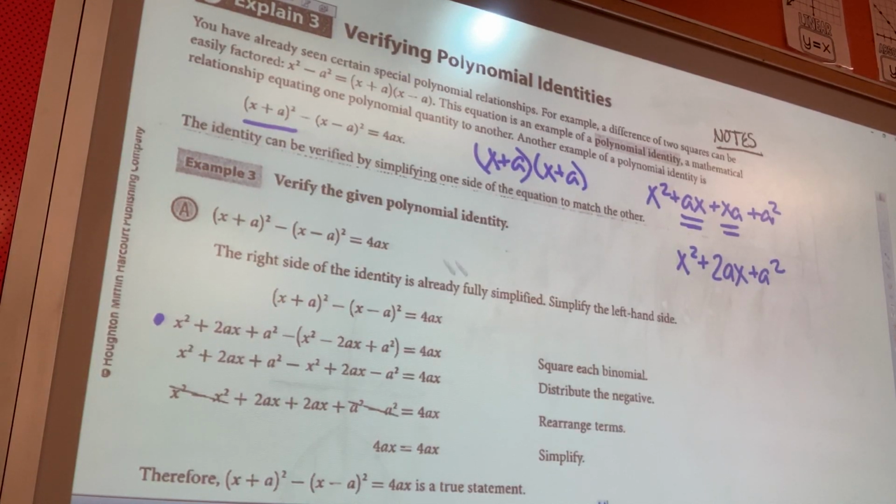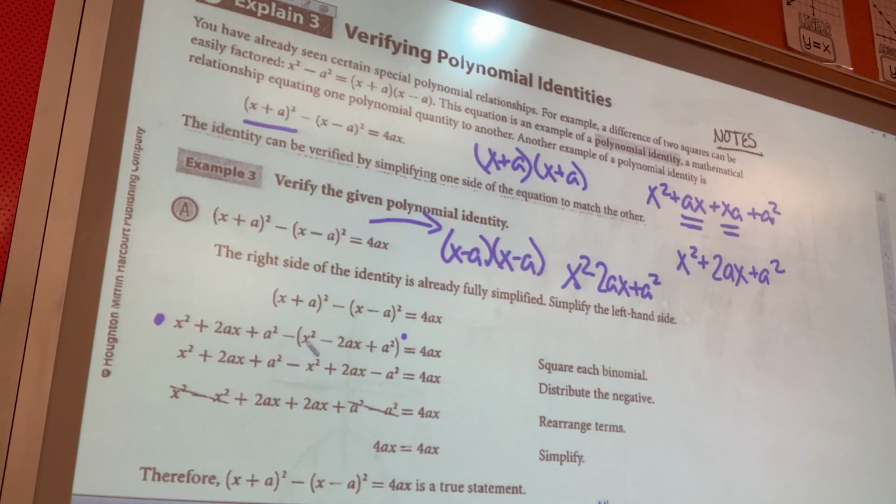And then we're going to subtract from that x minus a times x minus a, because that is what this is right here. And we get x squared minus 2ax plus a squared, which is what they have right here.